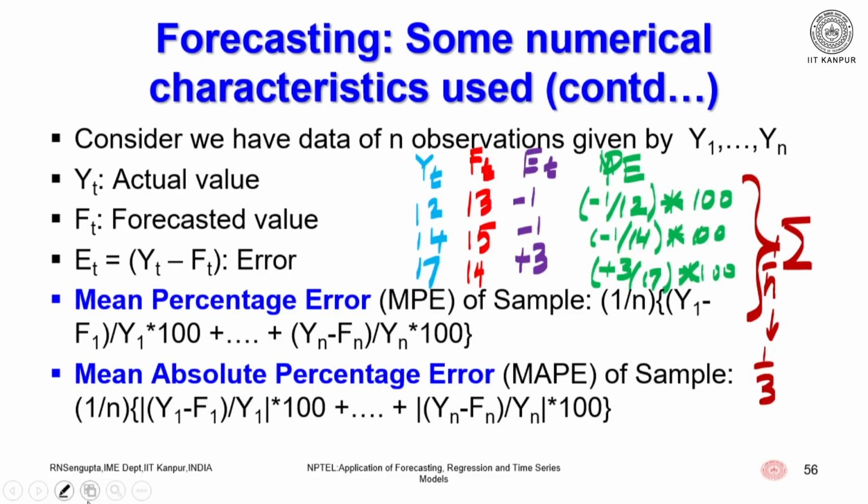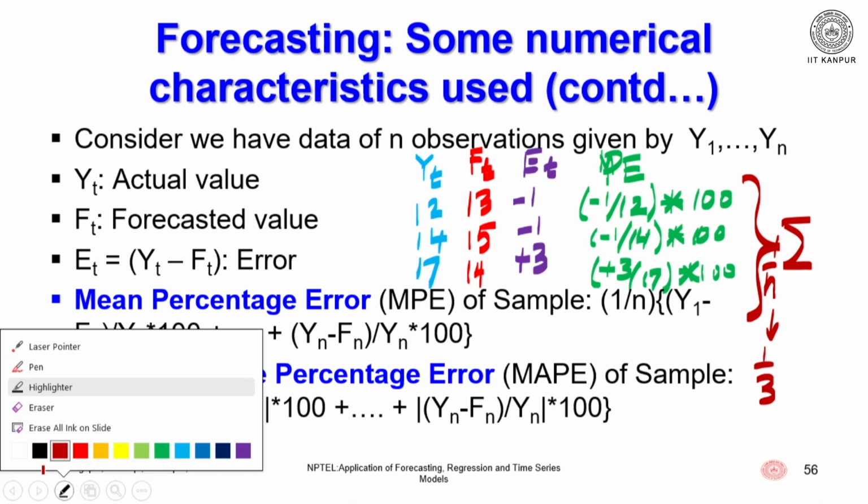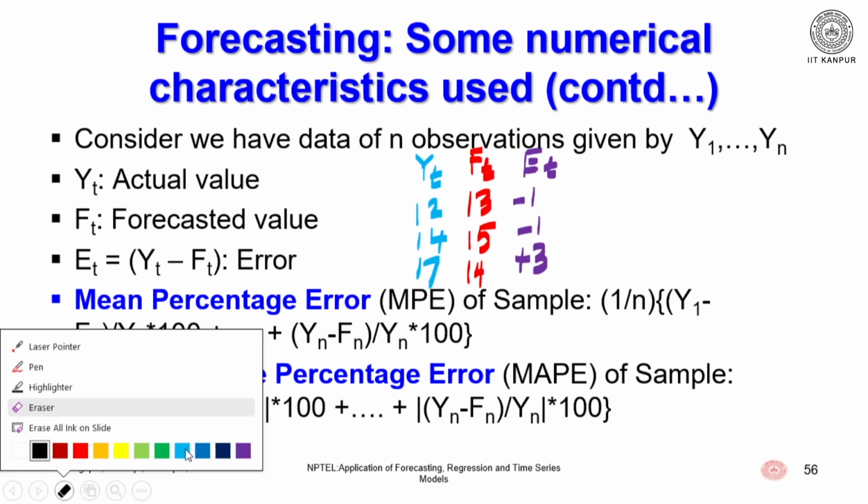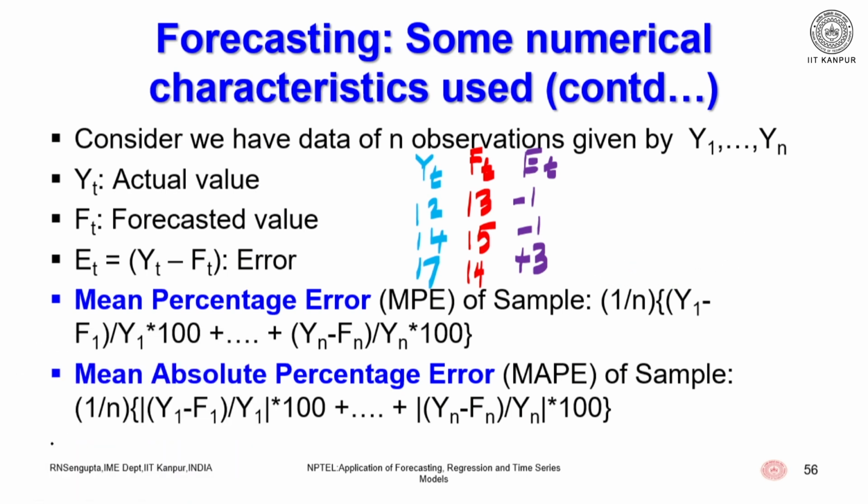So, in that case, I will erase this part, and I will use the black color. So, this is absolute percentage error. This is 1 divided by 12, 1 is the error with the sign being positive, 12 is basically the y 1 value.